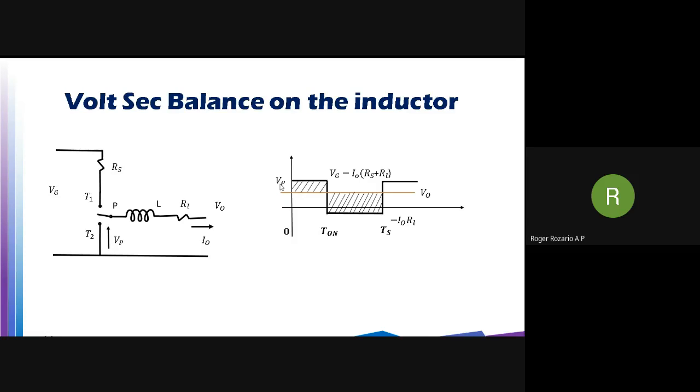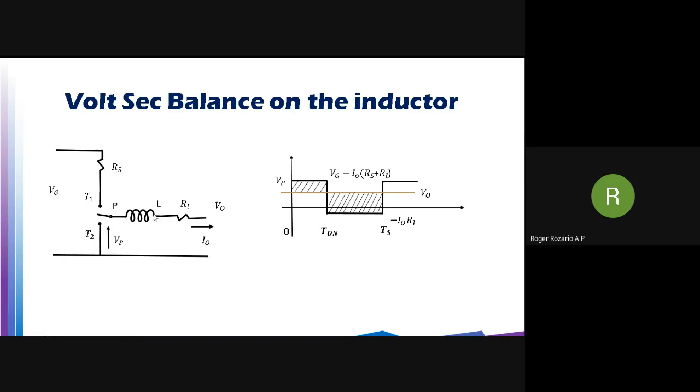Now Vp is Vg, the input voltage, minus the current flowing during the on time, I0, times the resistances connected during the on time, which are Rs and RL.